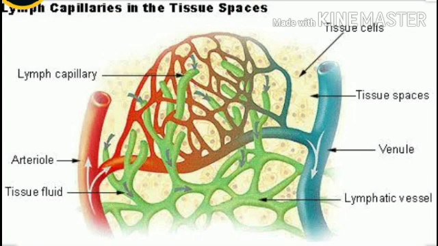And how is this lymph formed? Actually, lymph is made by the plasma and protein bodies, and a few RBC. So only these three ingredients are needed for making the cell fluid or tissue fluid.